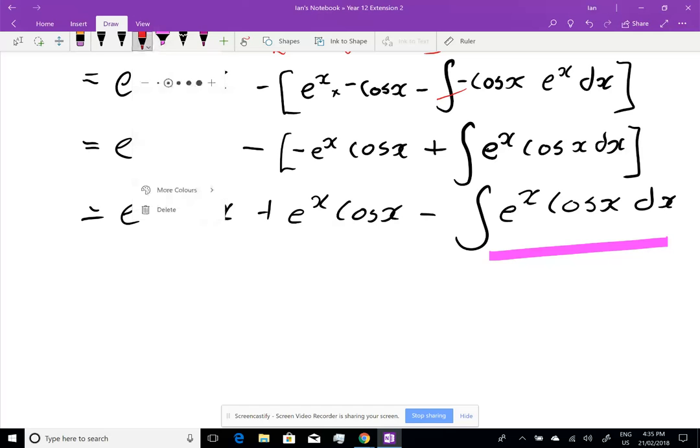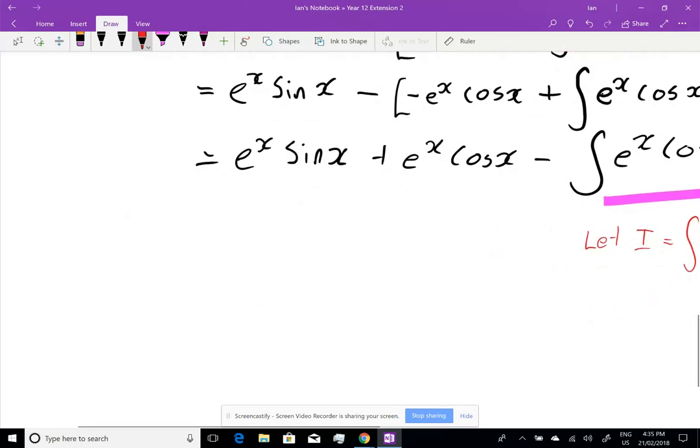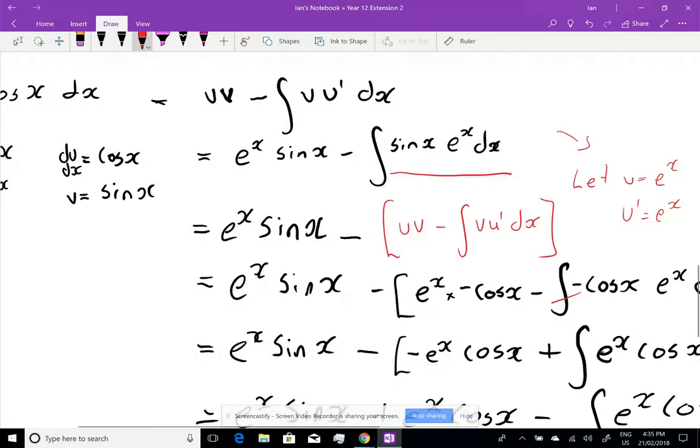So here we're going to make a little substitution. We're going to say, let I equal the integral of e to the x cos x. You don't have to do this. So that's where we started. So these all become I's.